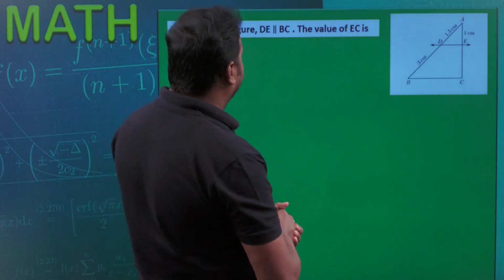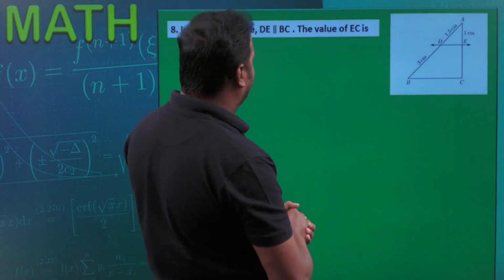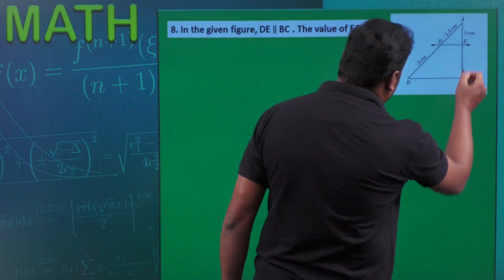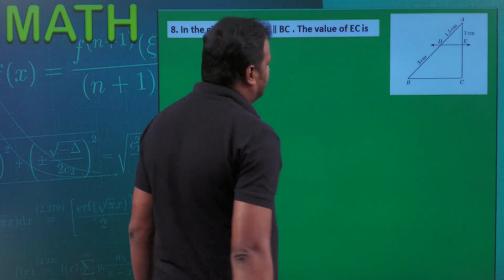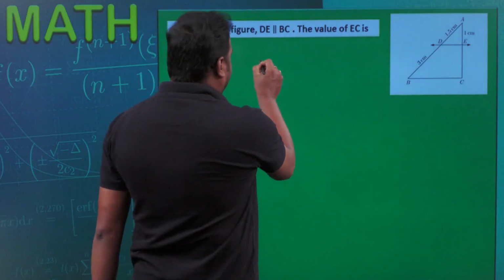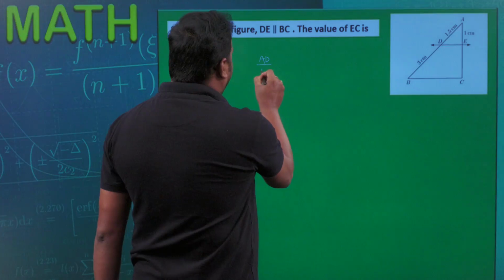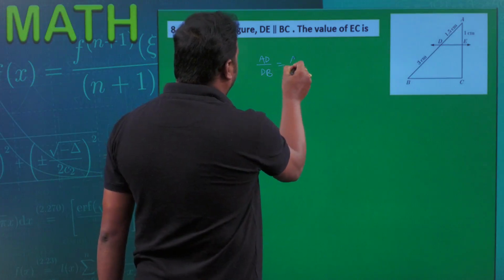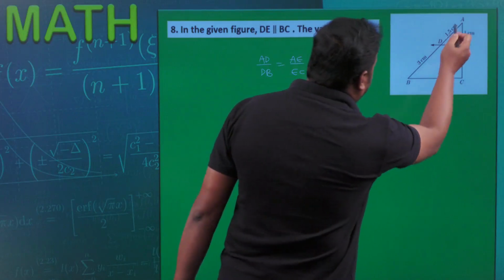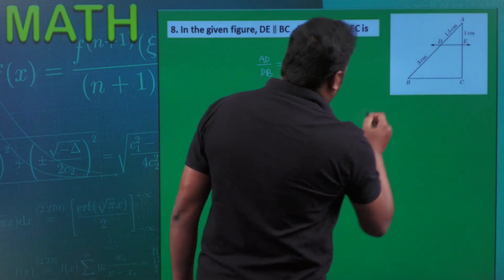In the given figure DE is parallel to BC, then find the value of EC. Where is that EC? So this is EC. This is just similar to the previous problem. DE is parallel to BC, then by basic proportionality theorem you can say that AD by DB is equal to AE by EC. Right? So AD is 1.5, DB is equal to 3.